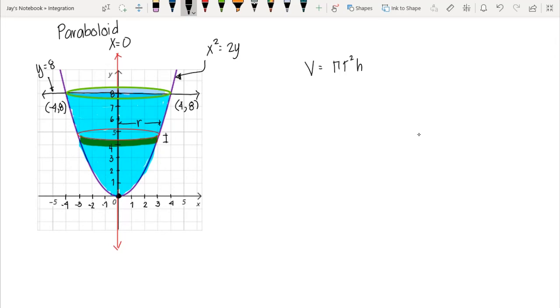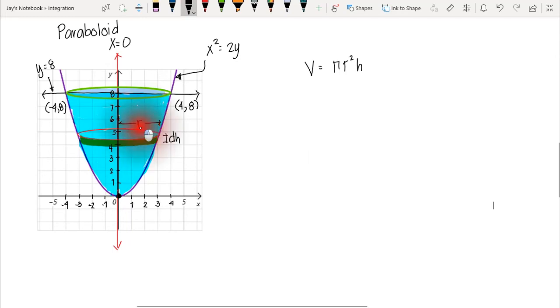Since we know that our disc here has an infinitely small thickness, then we could express that as the derivative of the height. Okay?